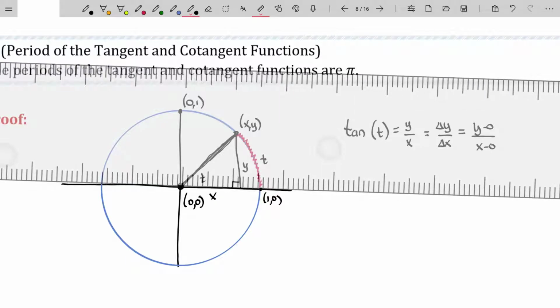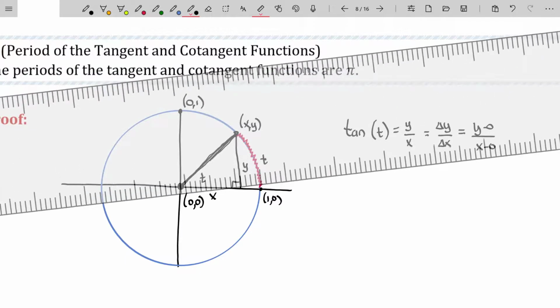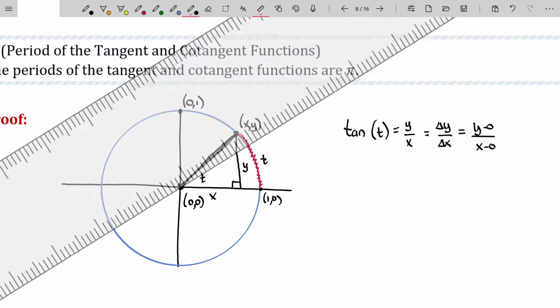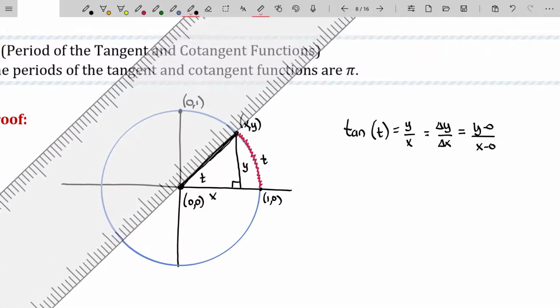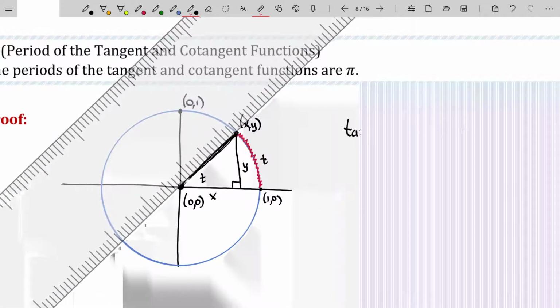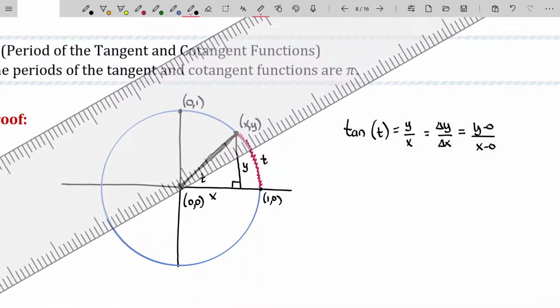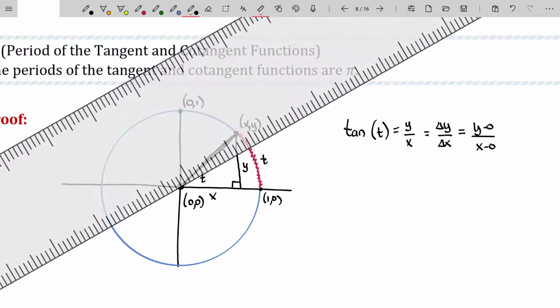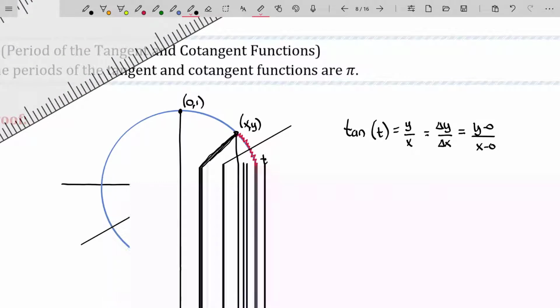Well, once you get to here, wouldn't you agree that the slopes start repeating from the beginning because it's the same lines, right? Like this line right here, we've gone a little bit past the 180 degree mark or pi mark, yet that line is the same as the line had we been facing this angle right here.